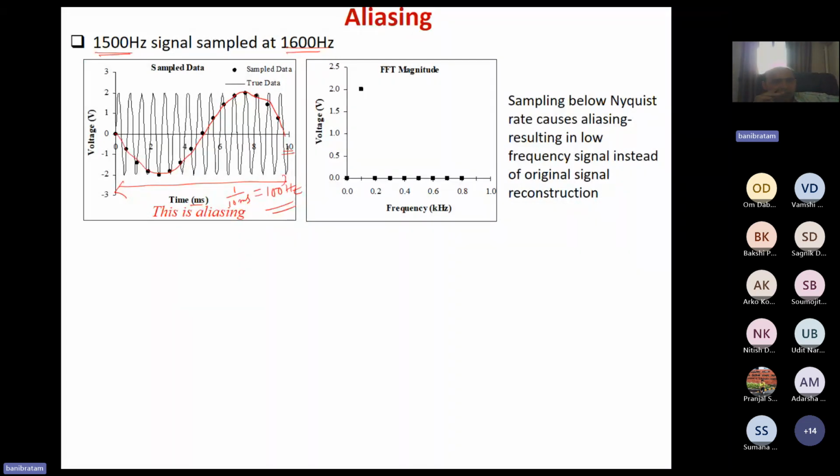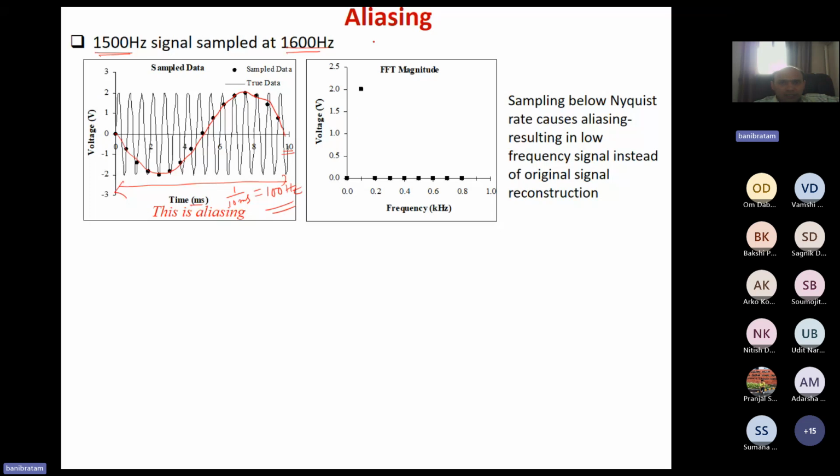Finding the aliasing frequency is very simple. This 100 hertz is the lowest frequency component, but there is interesting mathematical analysis behind this aliasing phenomenon.